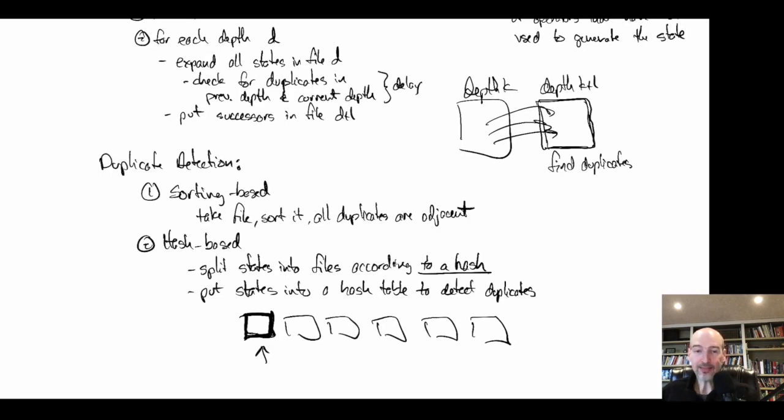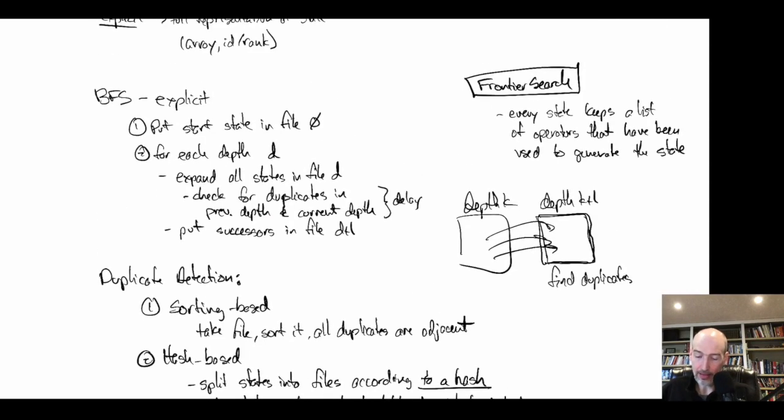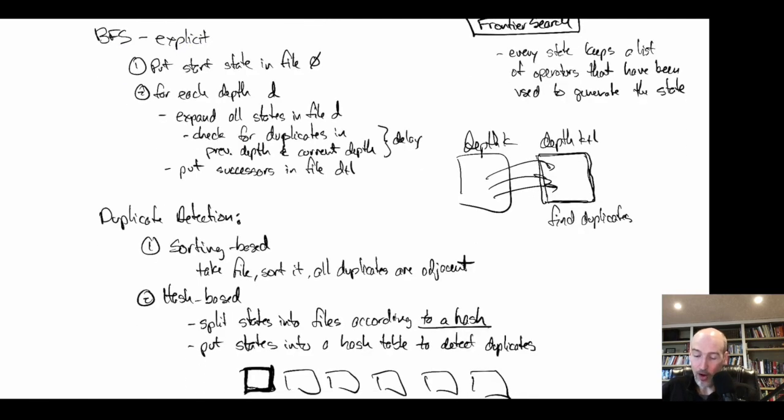Okay, so that gives us an explicit breadth first search. The idea is we're going to take all the files at depth D, or the file for a particular depth D, and multiple files if we're down here. We're going to take the file and expand it, and we're going to think about checking for duplicates at the previous depth or the current depth, but we're going to delay that process.